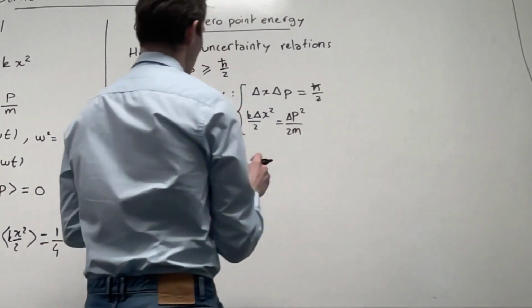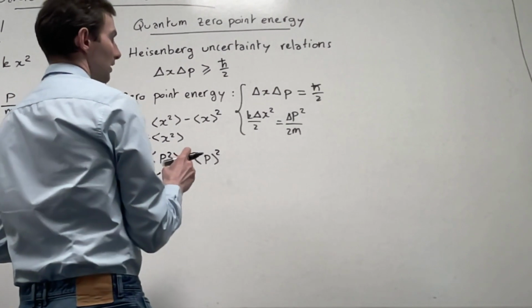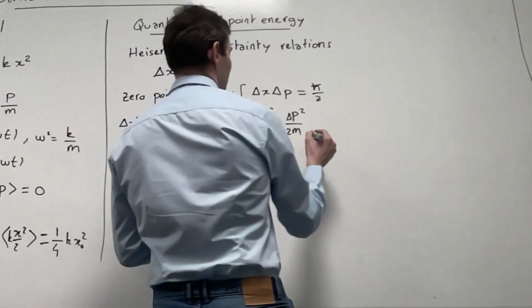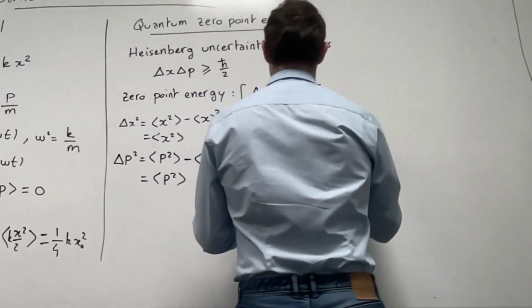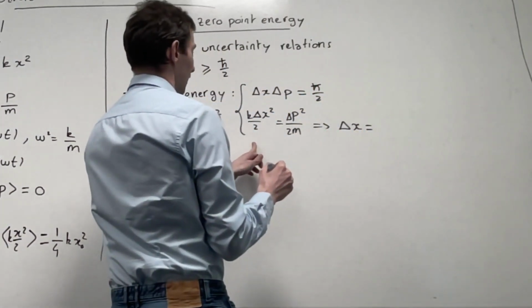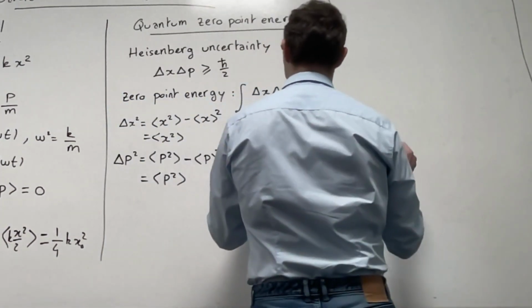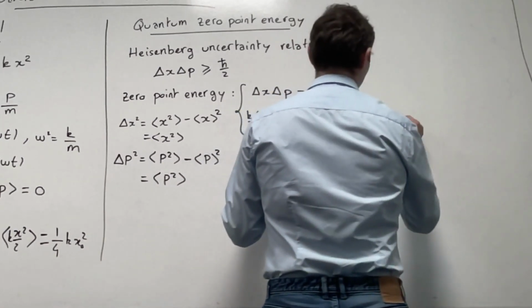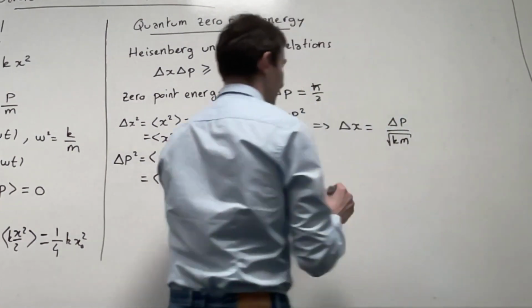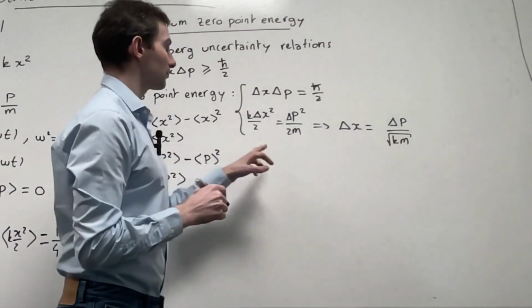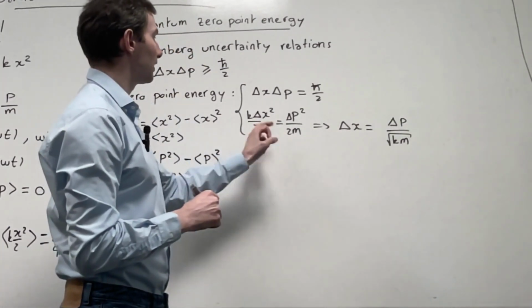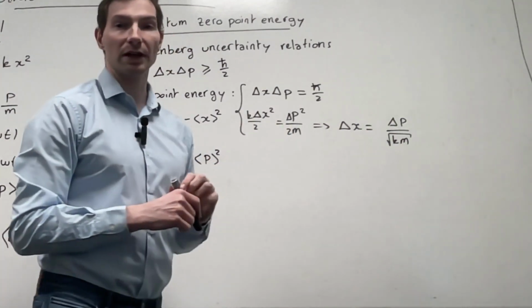Delta x from this one is equal to delta p divided by the square root of k times m. Okay, so that's what I have from this equation.